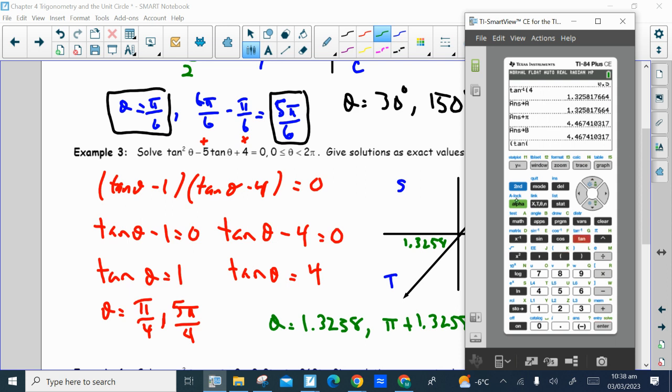I'll take the tangent of alpha A. When you hit the tan button, one bracket opens, you put the A in there, close the bracket, then close the bracket on the tan of A, because we need to square that. Minus 5 times the tangent of alpha A plus 4. That should equal 0, and it does.